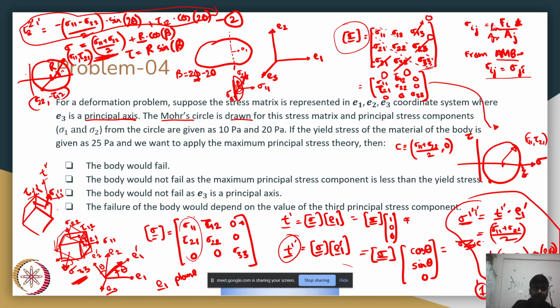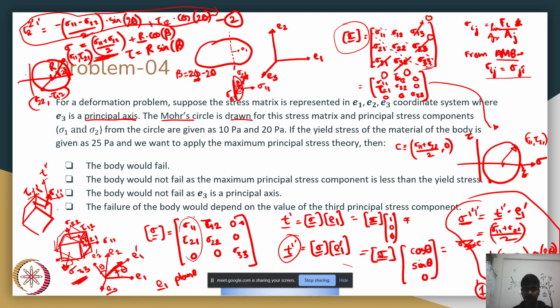This angle is basically your 2 phi, the angle you begin with initially. To summarize, with Mohr's circle you can easily calculate the normal stress and the shear stress on any plane.